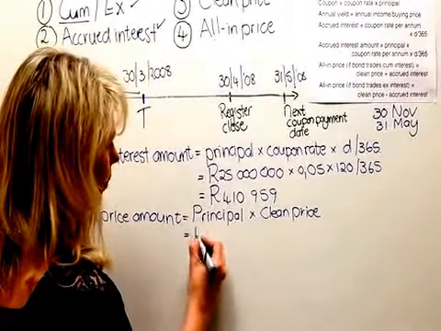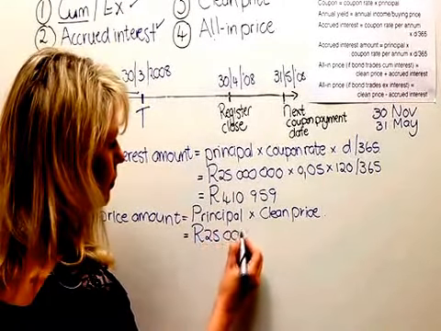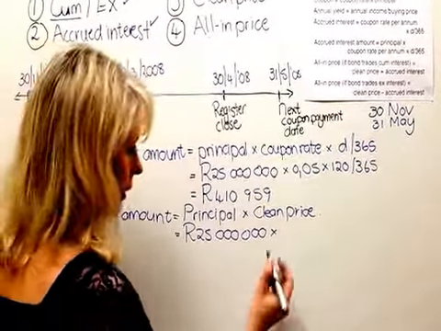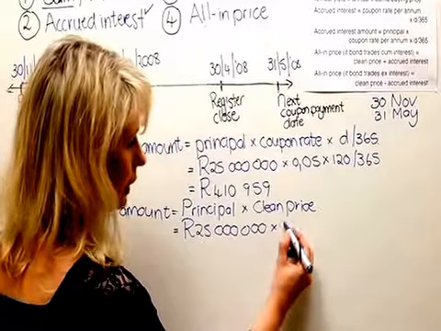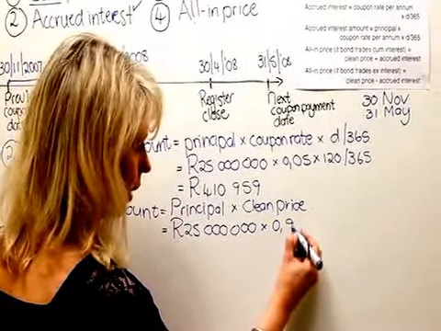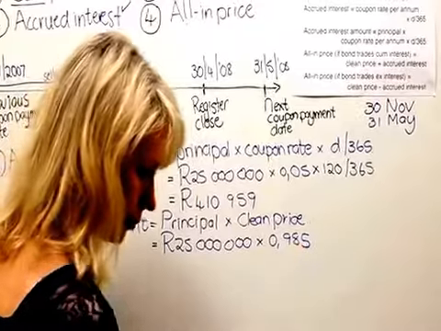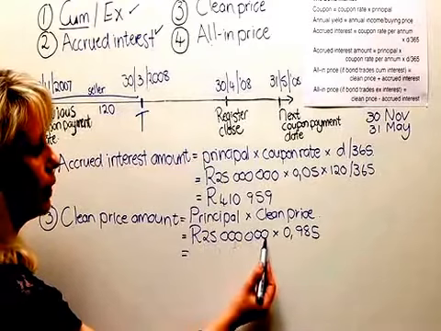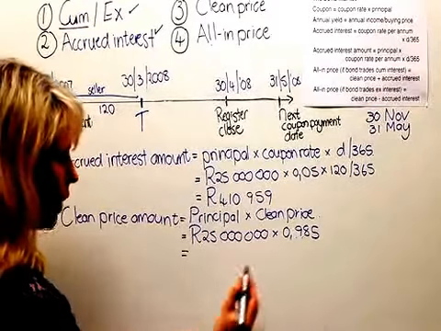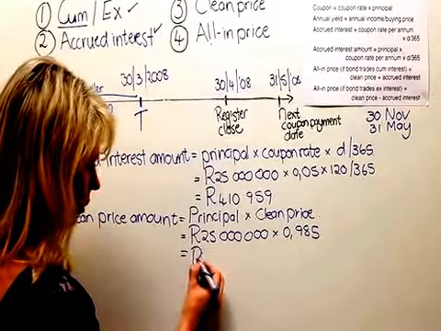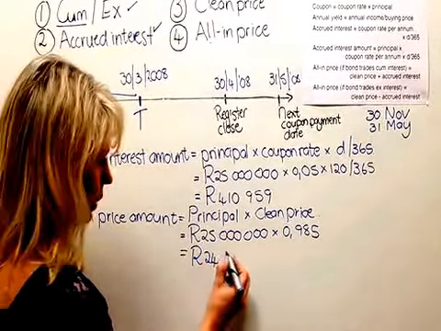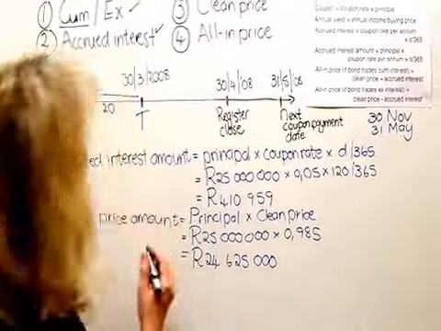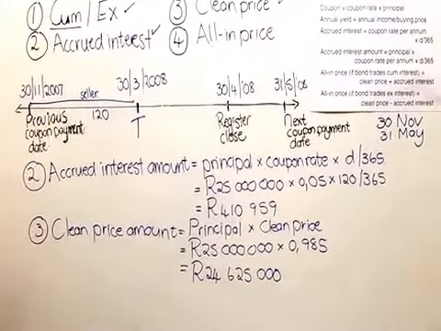So the principal is 25 million, and the clean price is 98.5 Rand per cent, so 0.985. If you do that calculation using your calculator, 25 million times 0.985, that is going to give you 24,625,000 Rand. That is the clean price amount. So we've done step number 3.